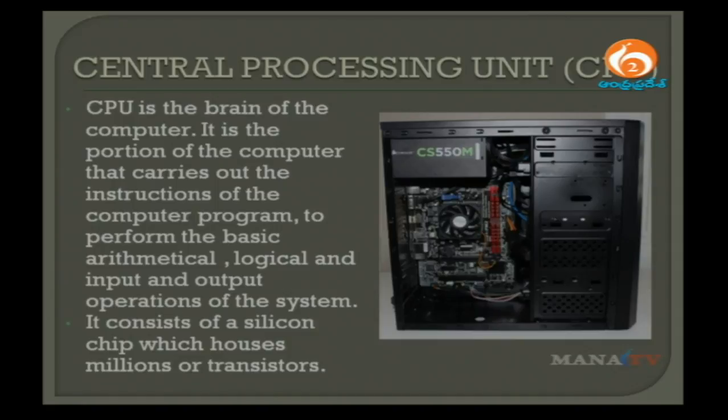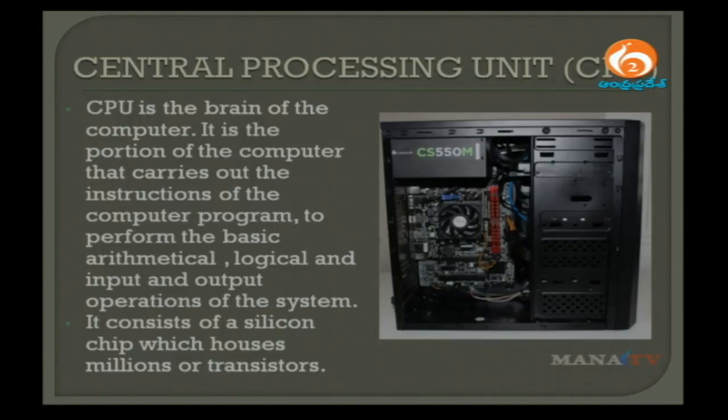The CPU is the brain of the computer, as I have said right now. It is a portion of the computer that carries out the instructions of the computer program to perform the basic arithmetical, logical, and input and output operations of the system.